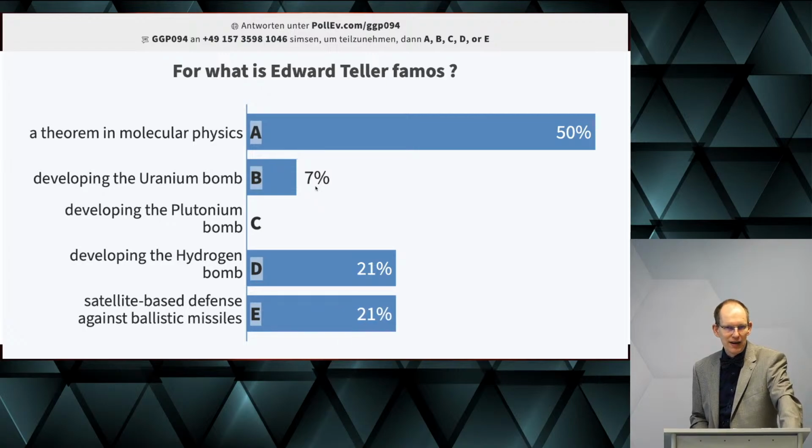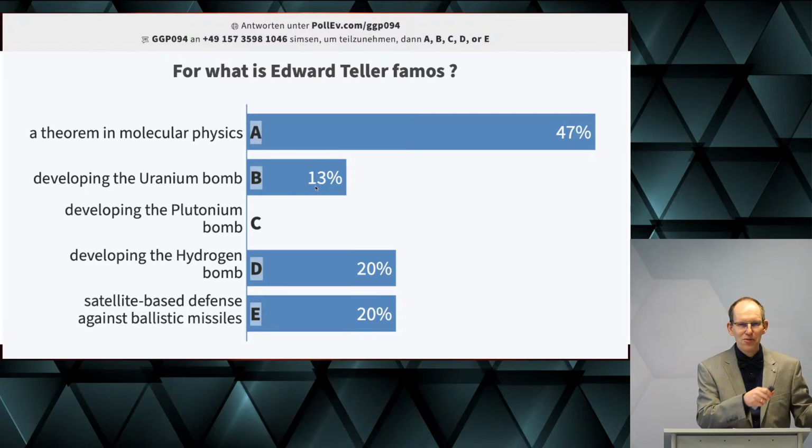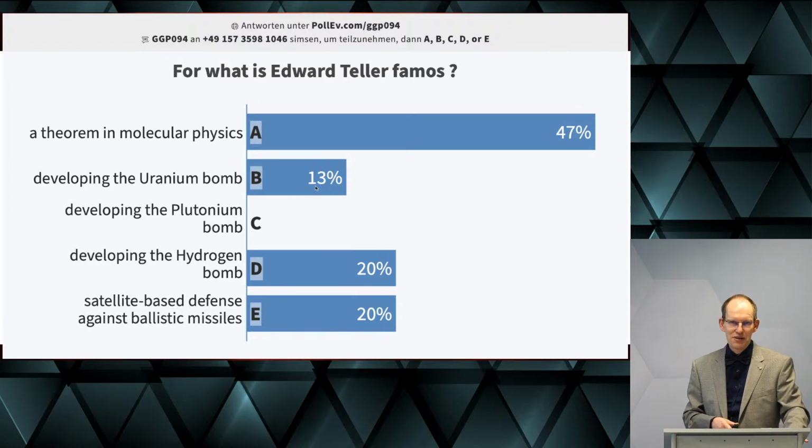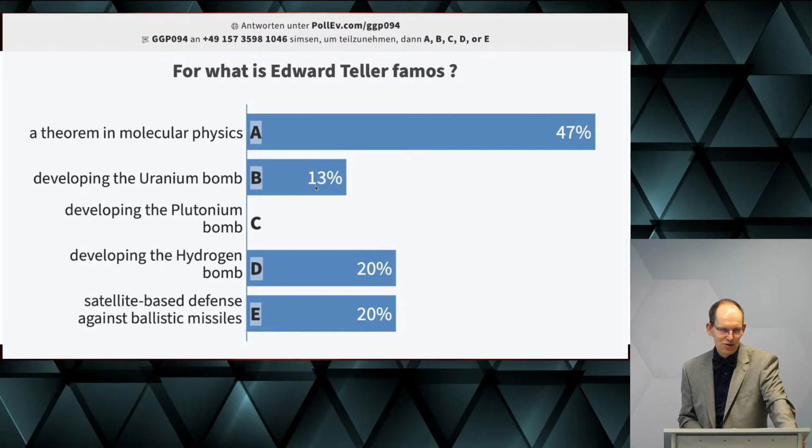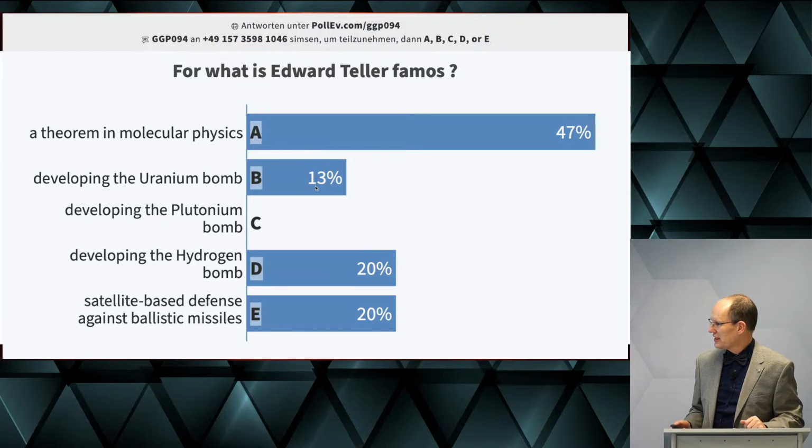He testified in the McCarthy era, where the Americans suspected communists everywhere. He testified against Oppenheimer, and Oppenheimer lost his clearance afterwards, and he did a lot of controversial things.